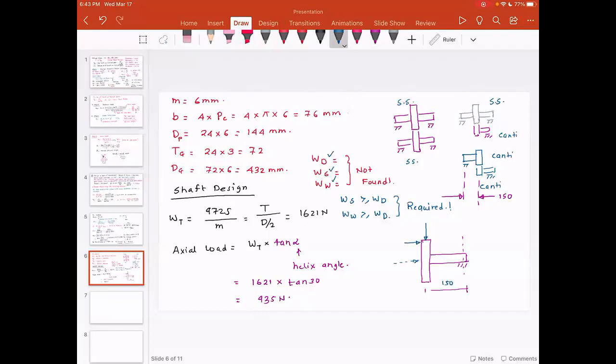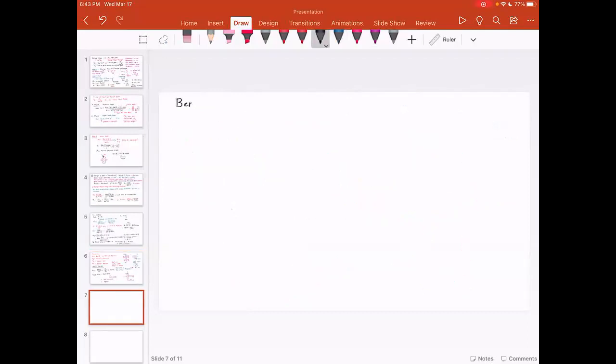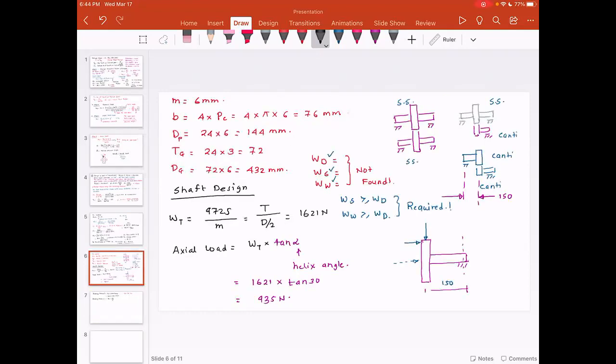So the bending moment on the pinion shaft is going to be WT multiplied by overhang, which is 1621 multiplied by 150 Newton millimeter, and bending moment, this is due to tangential load, and bending moment due to axial load is going to be WA dP by 2. So this may need little explanation.